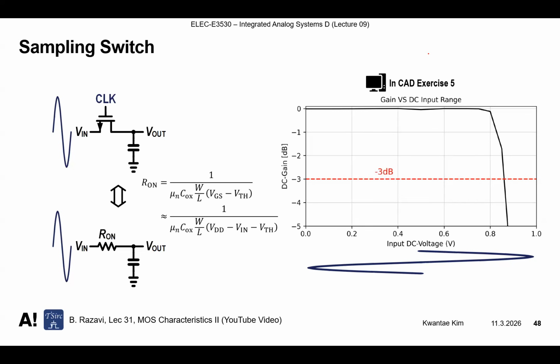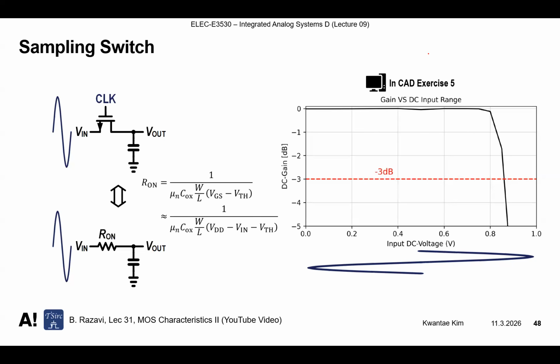The point is this: the on resistance of the MOS transistor in the triode, or linear, region can be expressed as proportional to 1 over the overdrive voltage, VGS minus V threshold. When the clock is high, the gate voltage goes to VDD and the source voltage is V in. So it is VDD minus V in minus V threshold. This means that its on resistance changes according to the V in value.